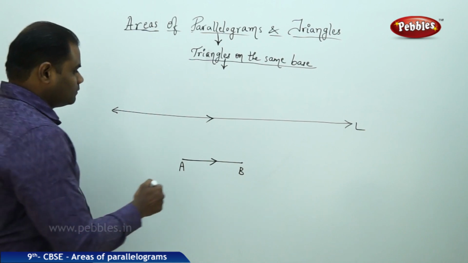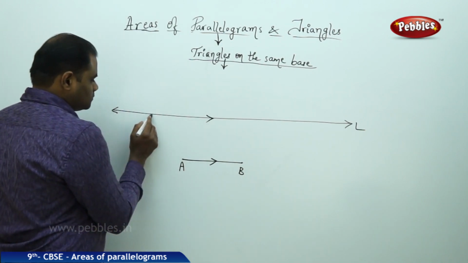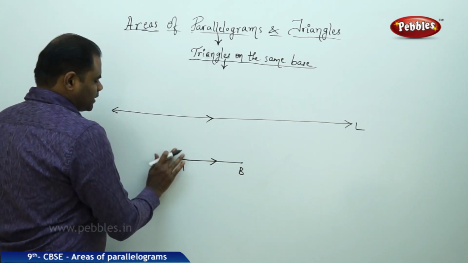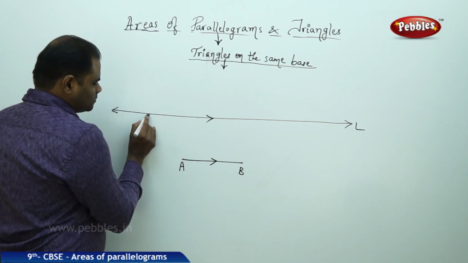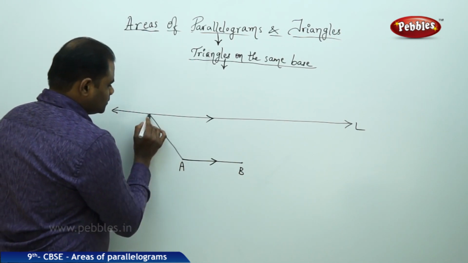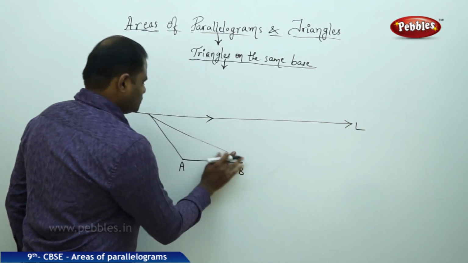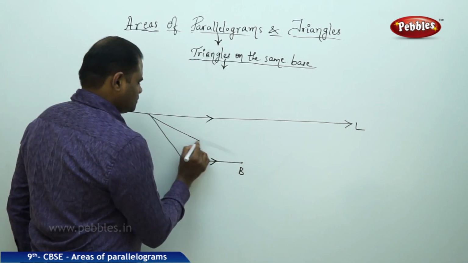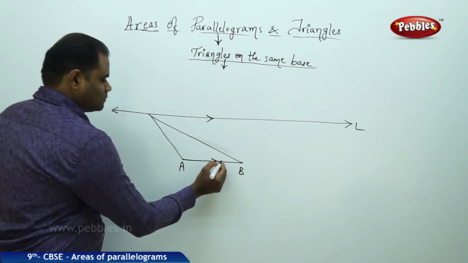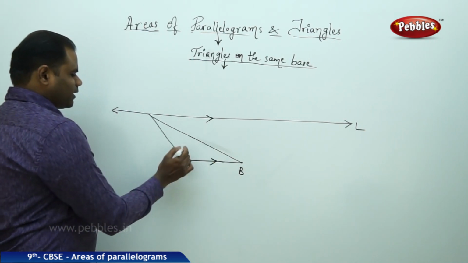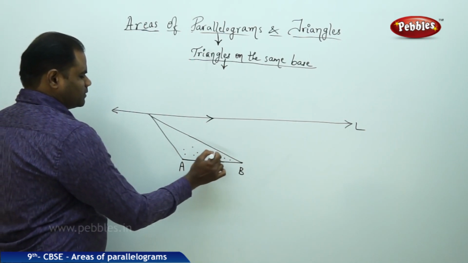Now let me draw two triangles with the same base AB and between the parallel lines. So here I have a triangle, say from here to here. That's how I get one triangle, which is like this.